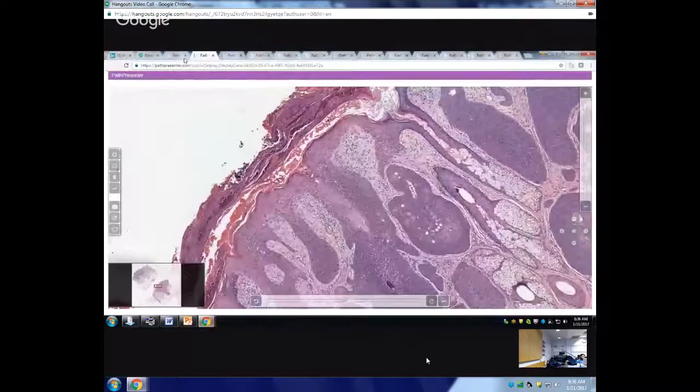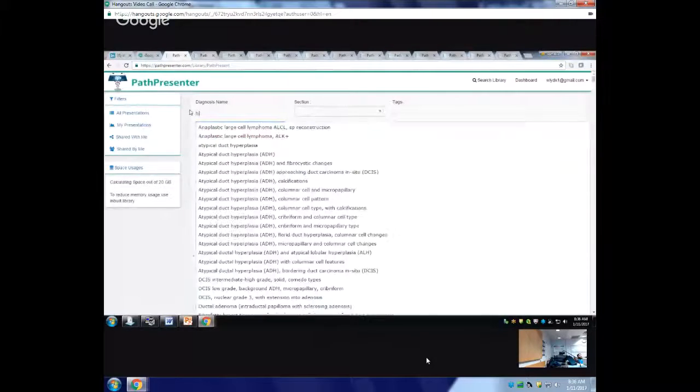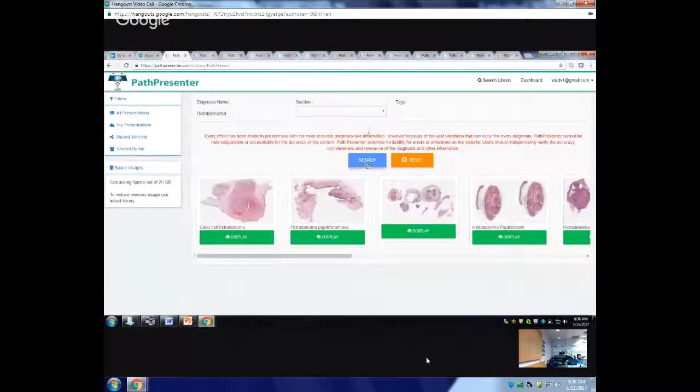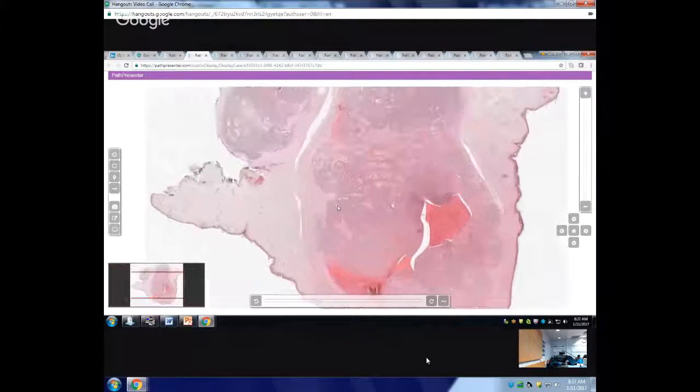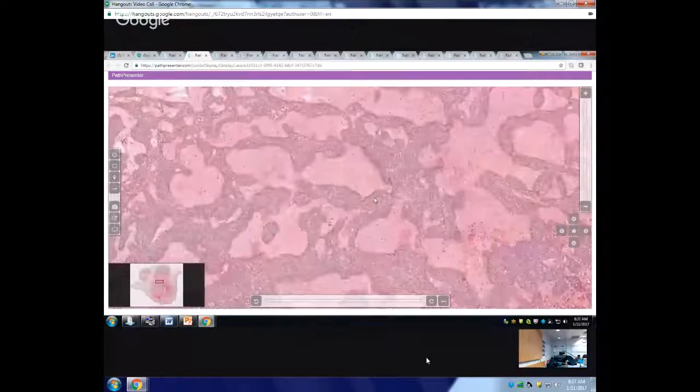Vessels actually. And when you look at a hidradenoma, the stroma is always very sclerotic. So in a hidradenoma, if you look at the stroma, you don't see the vessels. What you see is very sclerotic stroma.